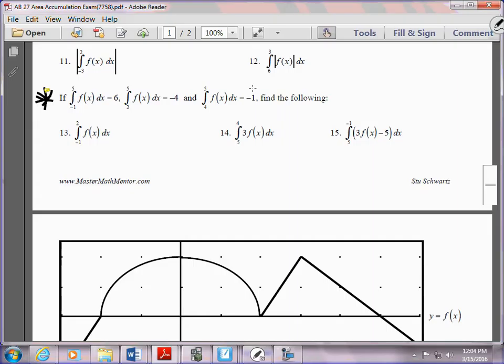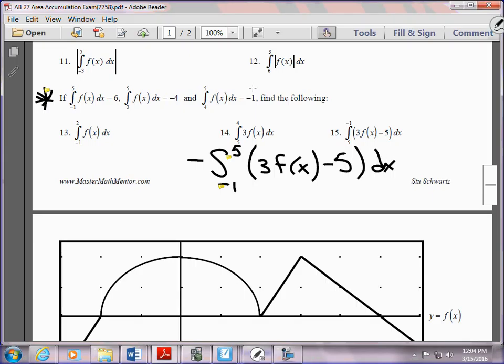If you switch the limits of integration, you change the sign of the whole thing, right? So I'll just put the negative on the outside: negative the definite integral from -1 to 5 of 3f of x minus 5 dx.